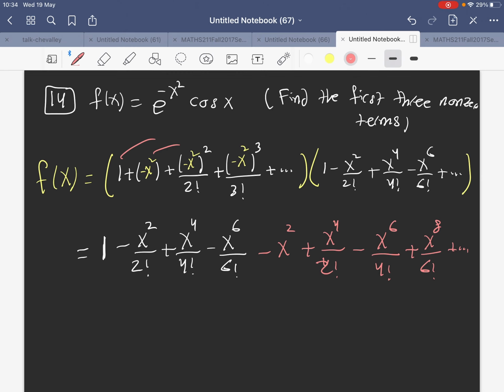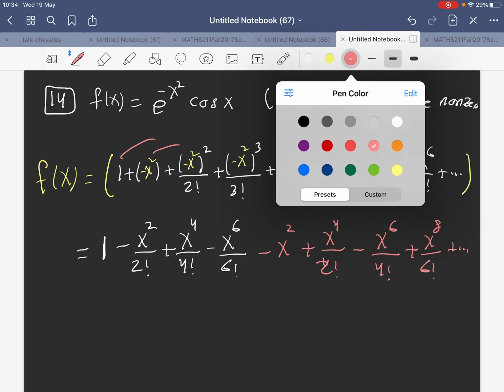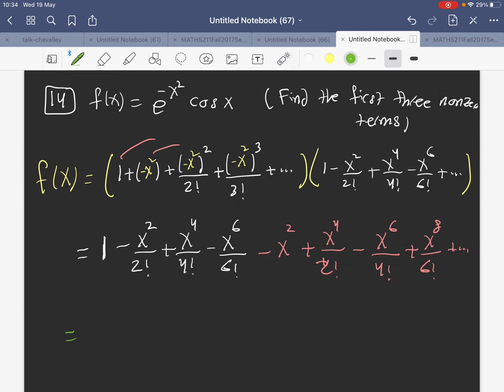So if we just write the final one, let me do it in a different color as well. The 1 is 1. Now the x squared, here we have half, so we have 3 over 2 x squared. The x to the power 4 terms will survive, so it would be x⁴, this is 2, this is 24, it will be 13 over 24.